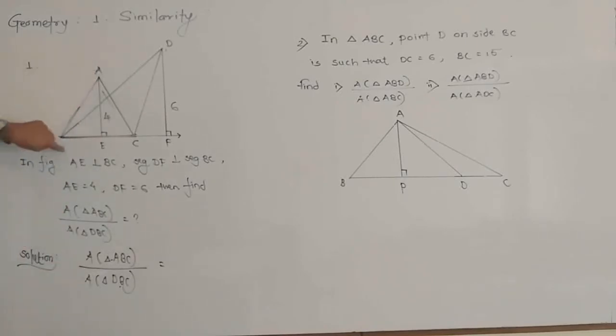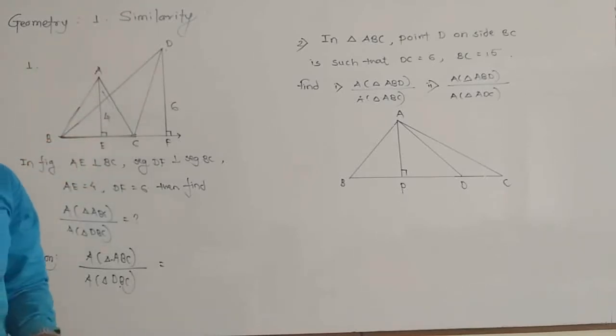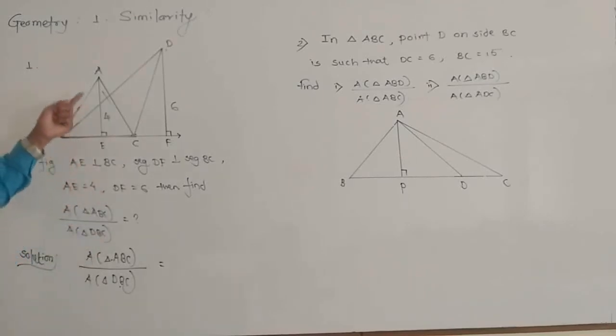So for triangle ABC, which one is the height? AE is the height, because AE is perpendicular to BC and BC is the base. So our height is AE, and height is always perpendicular.